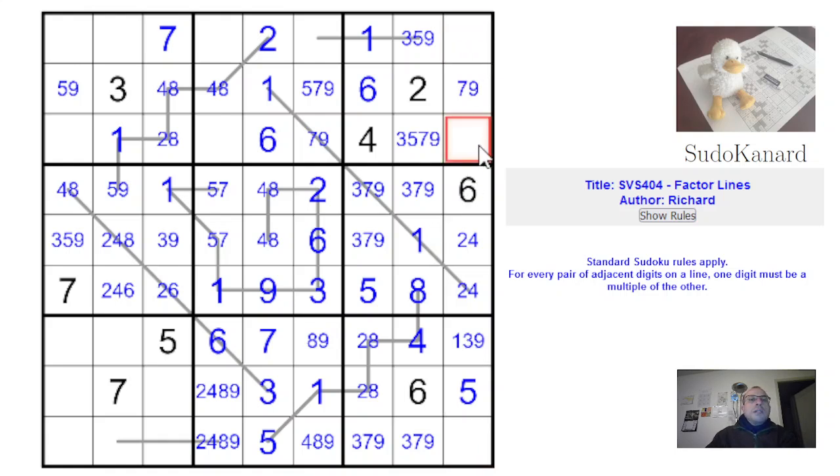8 is somewhere in here. Don't think I can do anything with that. 1, 2, 8, 9. 1, 2, 3, 8, 9.